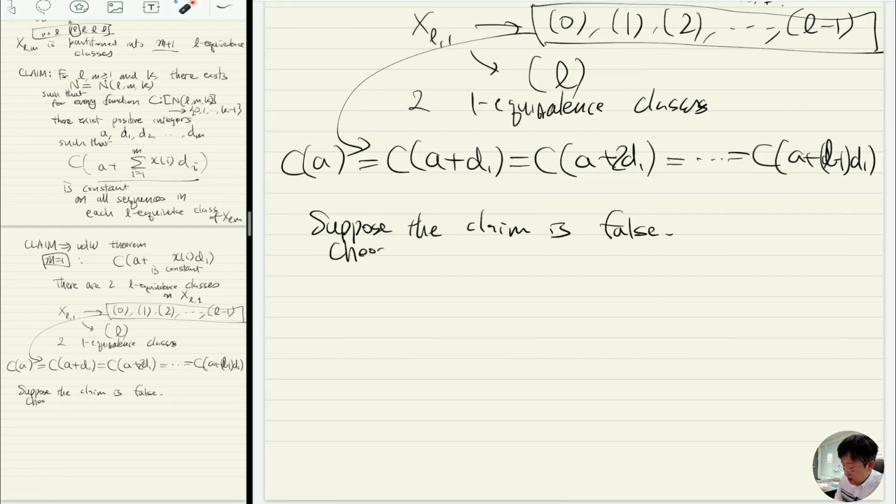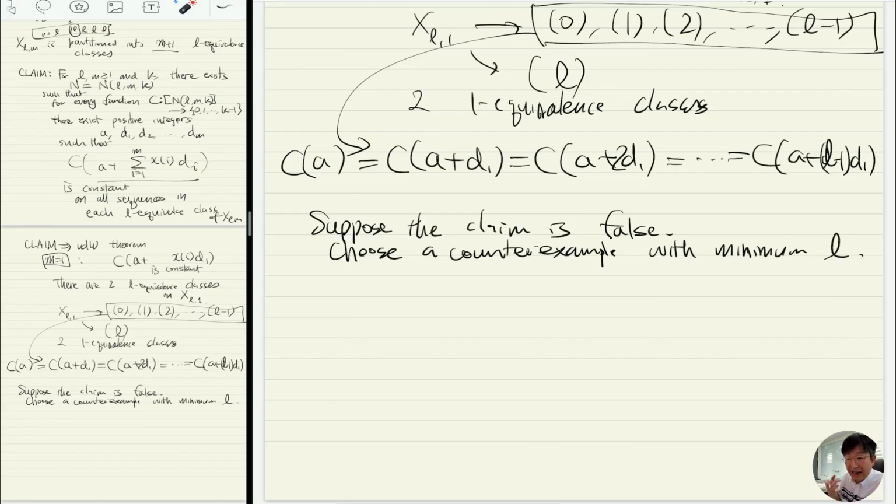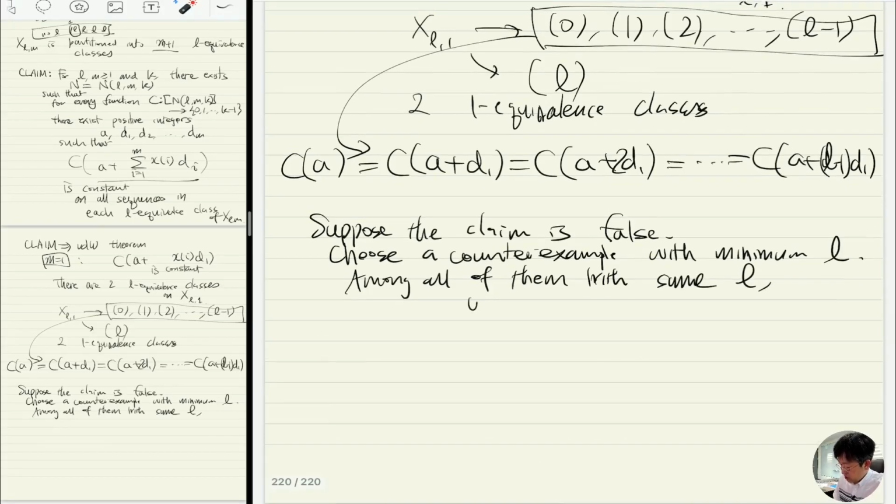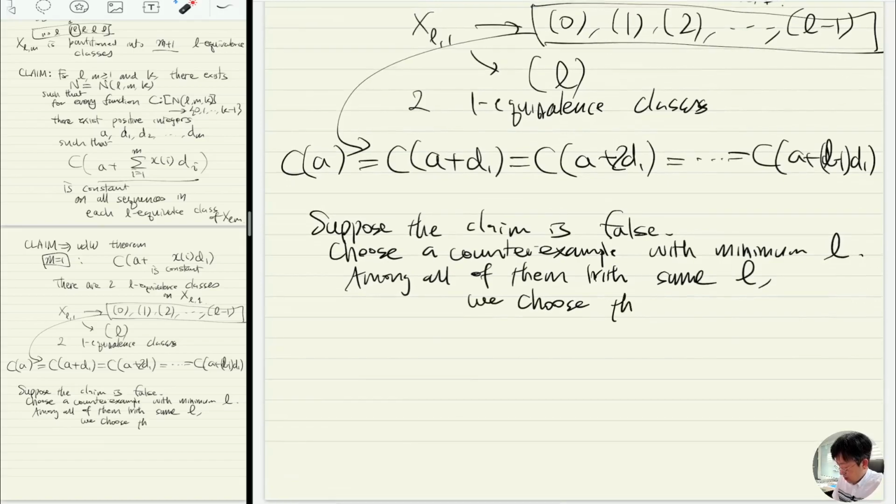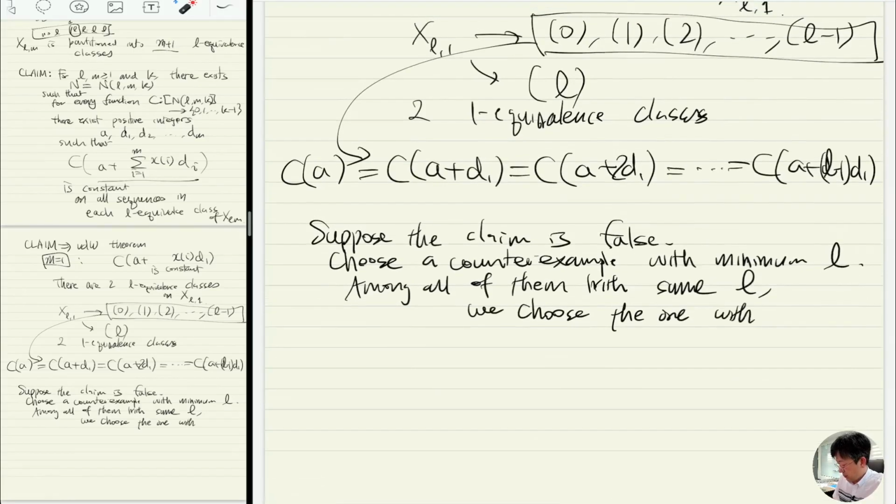So choose a counterexample with the minimum L. By this choice, I know that the claim is true for smaller L. And among all of them with the same L, we choose the one with the minimum M.